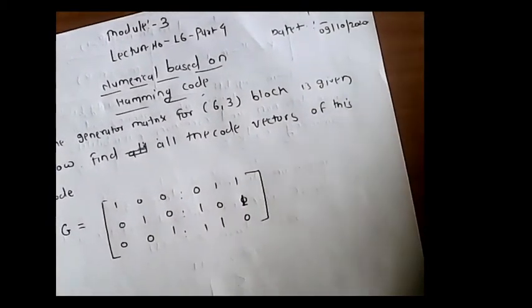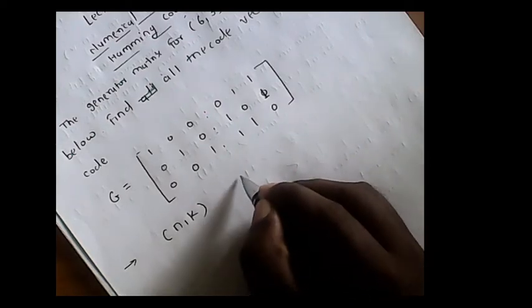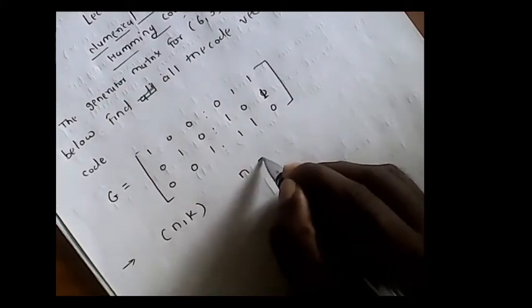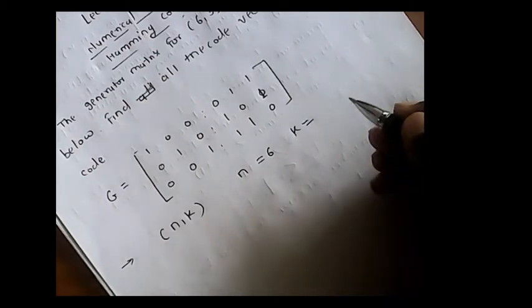So here, the general pattern of any linear block code, or simply block code, the general dimension is denoted by (n,k). Hence here the length of the block code, that is n, is equal to 6, and the length of the message, that is k, is equal to 3.